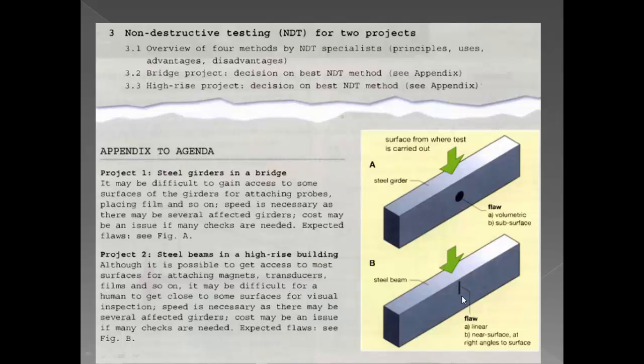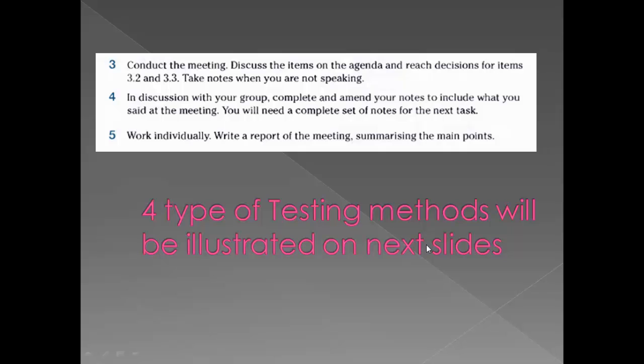In the figure we can see the expected flaw from the side. The steel beam is the same in A and B, but in A the flaw is in the center, and in B, to the side, a linear near-surface flaw is illustrated. So two types of non-destructive testing are illustrated. Then four types of testing methods will be illustrated on the next slide.